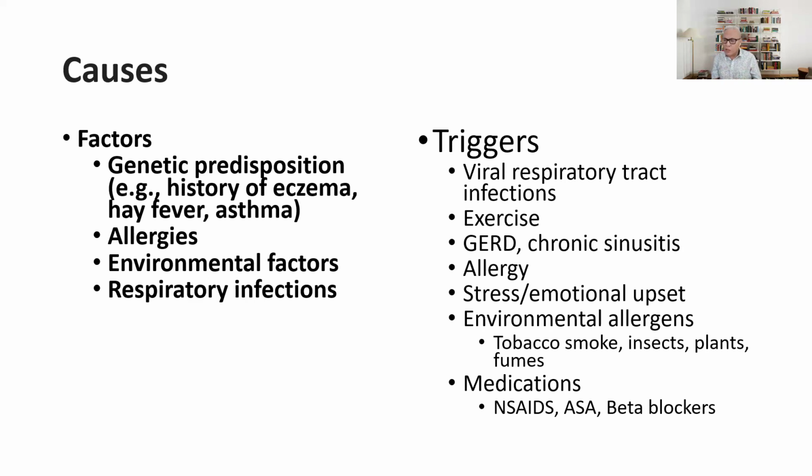Certain respiratory infections, such as RSV or respiratory syncytial virus, are conditions that can damage young children's developing lungs. And of course, as far as environmental factors are concerned, that might include low birth weight as well as prematurity.